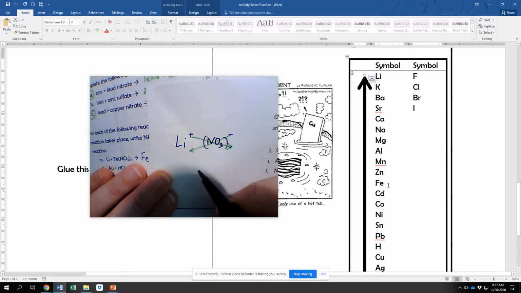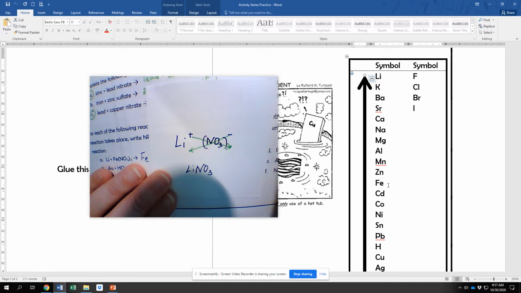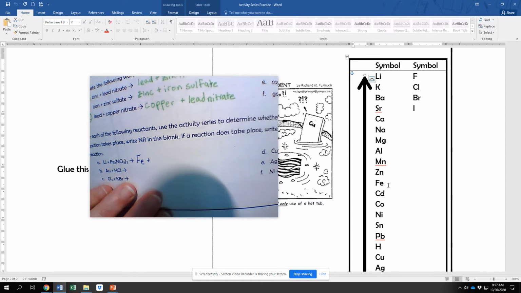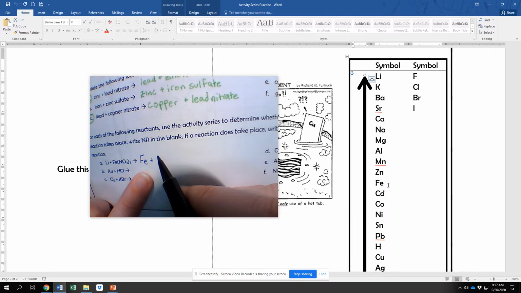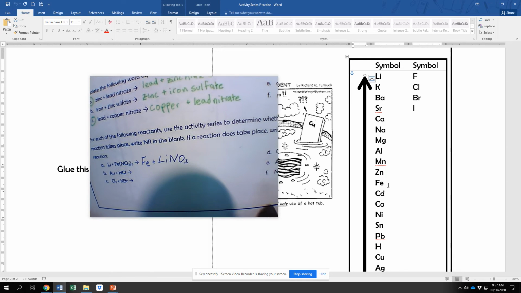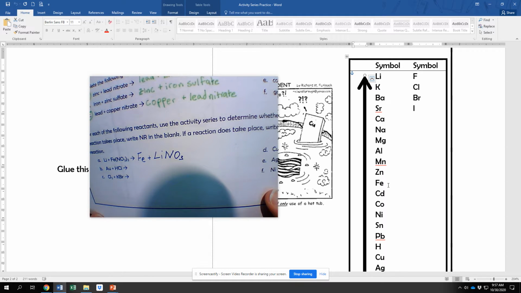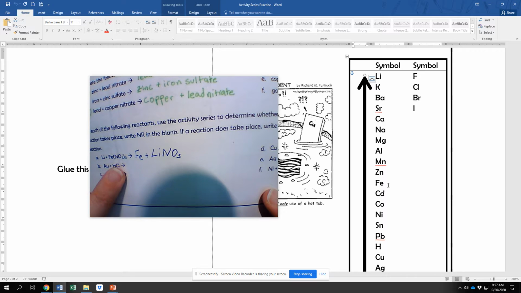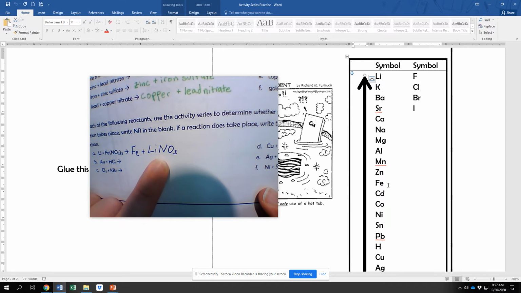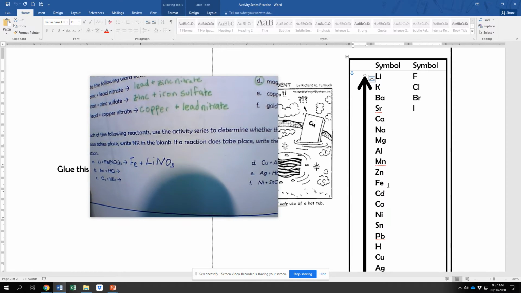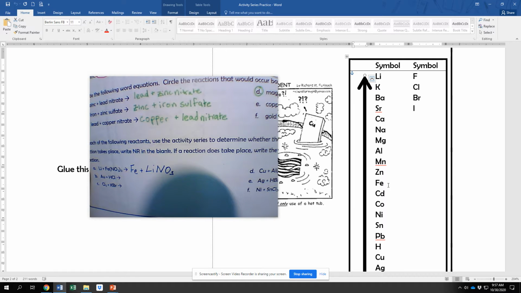We see that our formula for lithium nitrate is LiNO3. Okay? So we're going to end up with Fe and LiNO3. Okay? Now, this reaction is not balanced. Right? I've got 3 NO3s on the left side. I only have 1 here on the right side. This is not a balanced equation, but I'm not asking to balance it.